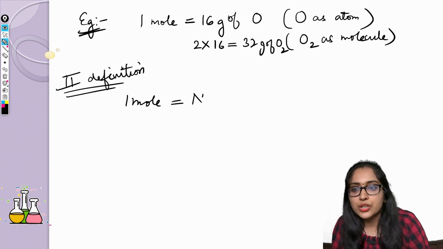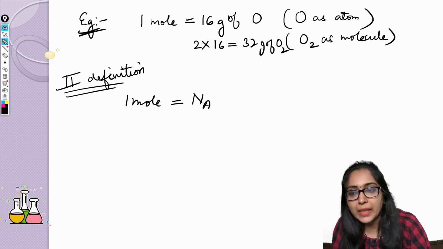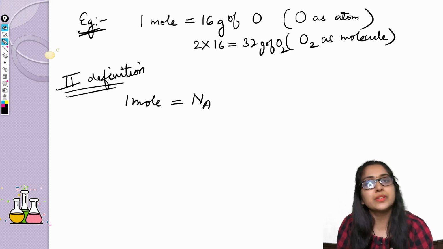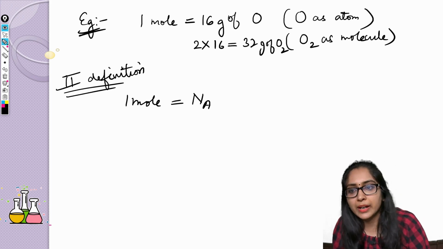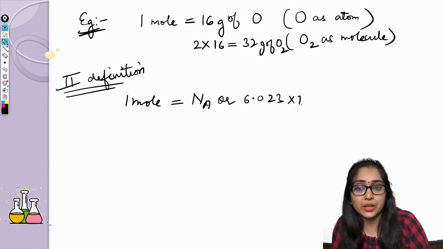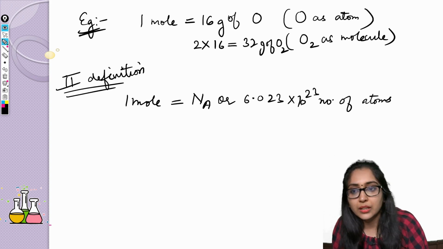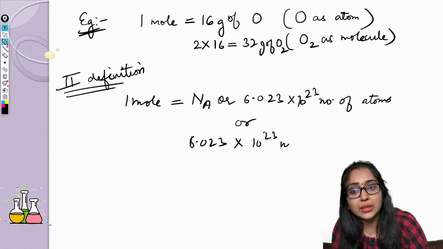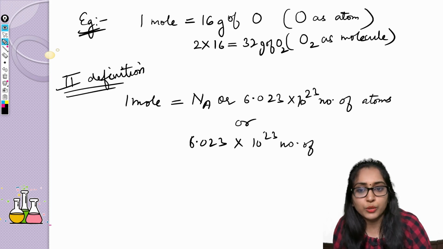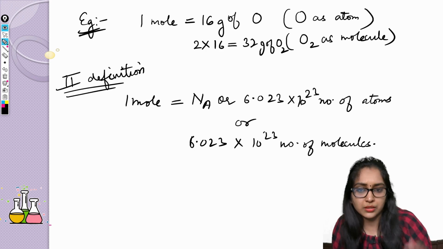I can write it as Na, the representation of Avogadro number, or directly 6.023 into 10 raised to power 23 number of atoms, or 6.023 into 10 raised to power 23 number of molecules.